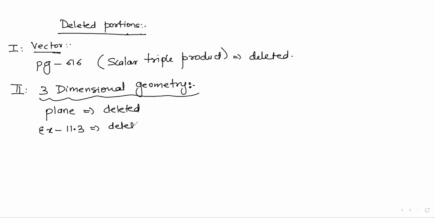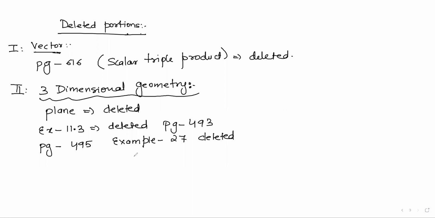So you have to leave exercise 11.3, which was based on this topic. And if you see any question where there's a use of plane, leave that question. So exercise 11.3, page number 493. Delete this. Then page 495, we have example 27. It is also based on the plane, so delete this.